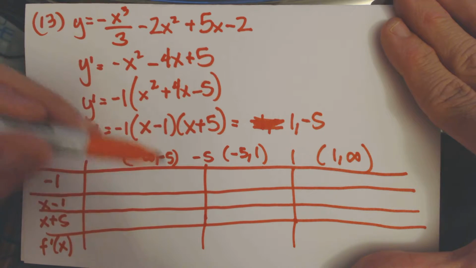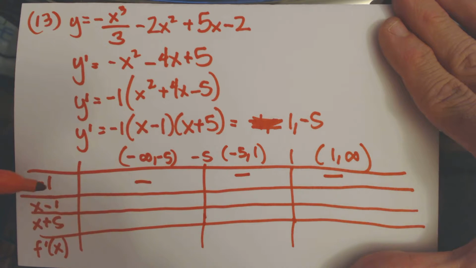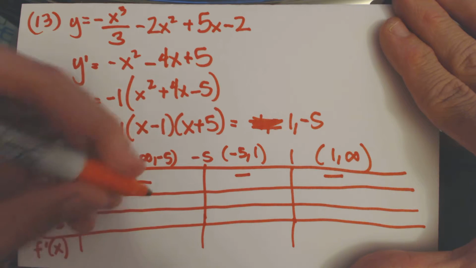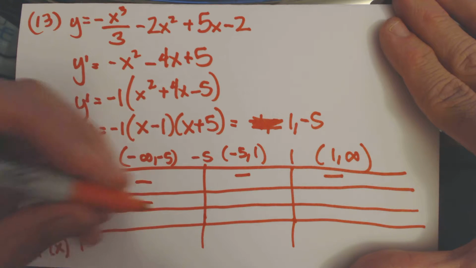All right, so obviously negative 1 is going to be negative, regardless of what interval we're looking at. X minus 1, let's plug in negative 4. Negative 4 minus 1 is negative. Negative 4 plus 5 is positive.